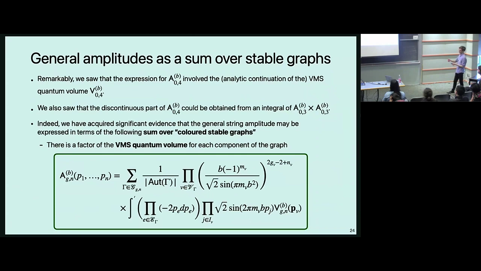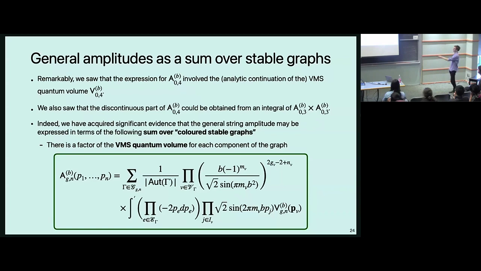Basically, those just come from interchanging various internal lines or nodal points along which you glue the components. Now, there's a factor like this for each vertex or component of the graph raised to the power of minus the Euler characteristic. And we integrate over all of the nodal lines, all of the internal lines.